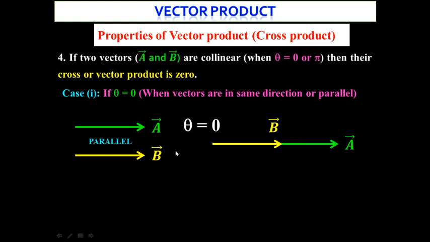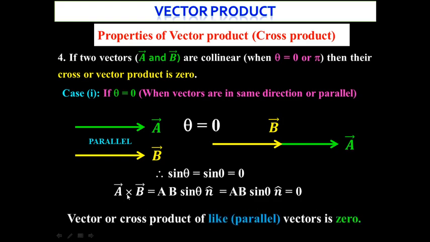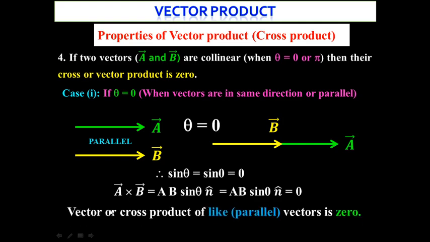By the definition of cross product, A cross B is AB sine theta into n cap, and theta is 0. Sine 0 is 0, so the whole right hand side will be 0. So A cross B is 0. Therefore the cross product of parallel vectors, or vectors in the same direction, that is like vectors, is 0.